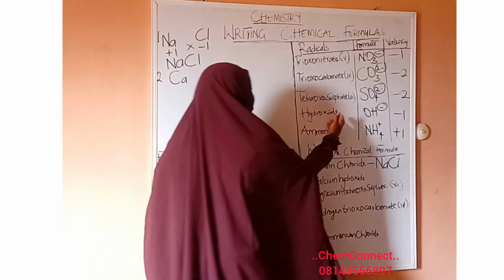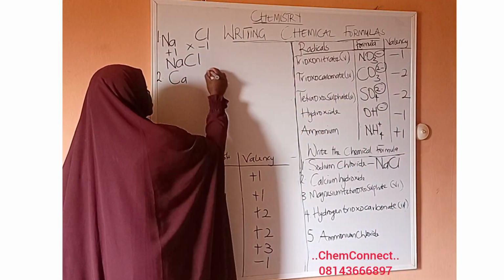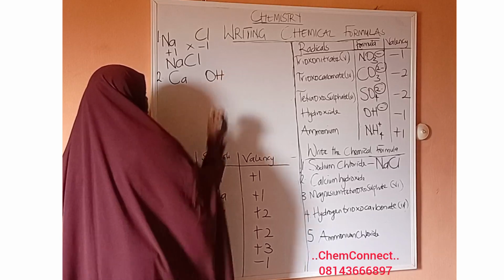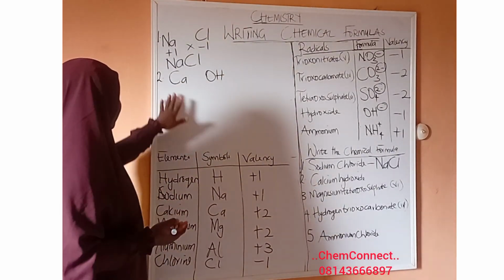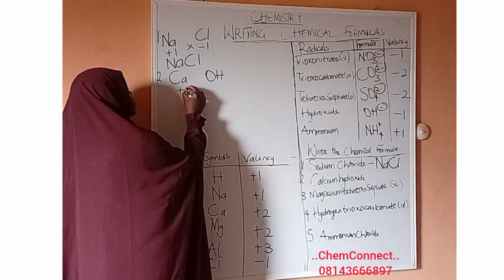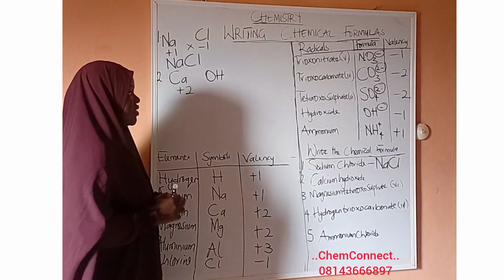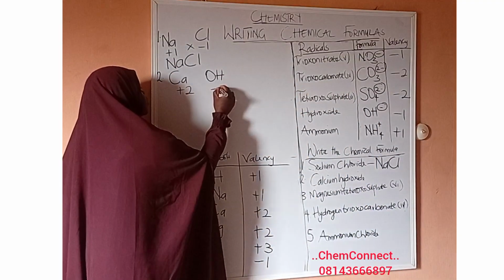So you look, radical hydroxide, OH. Remember, it is a single unit, OH. Then the next step is for you to write the valency under it. The valency for calcium is plus 2, while the valency for the radical hydroxide is minus 1.